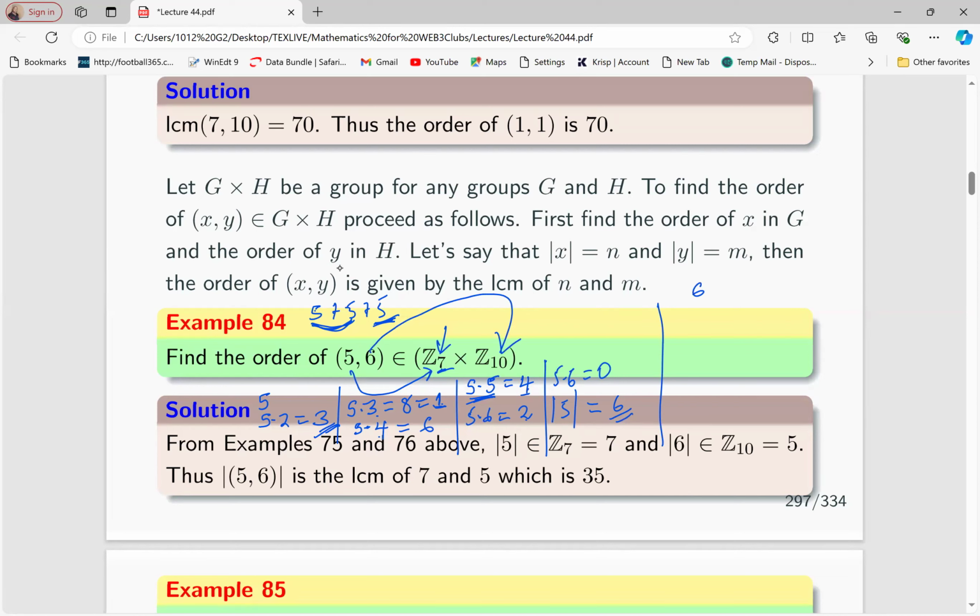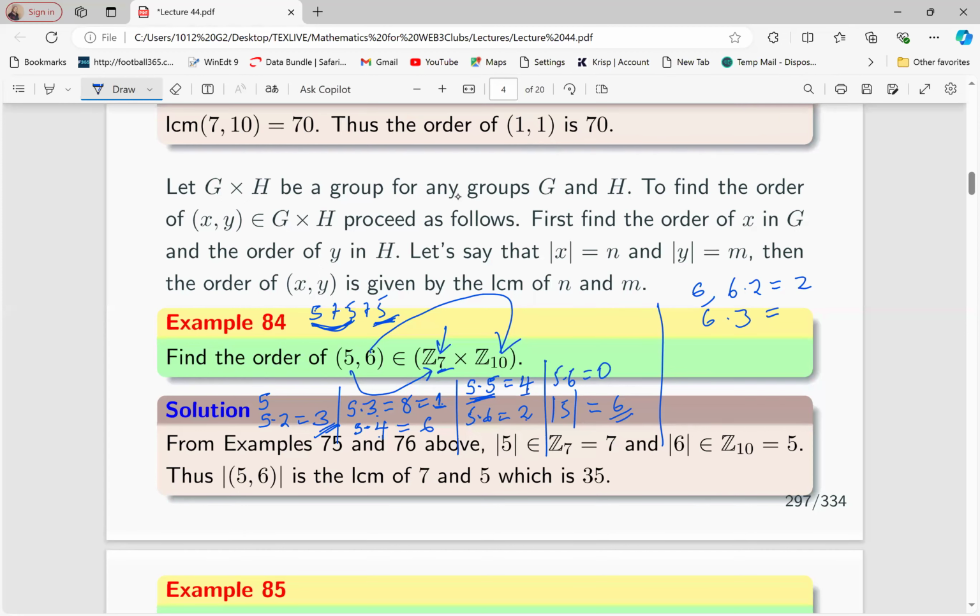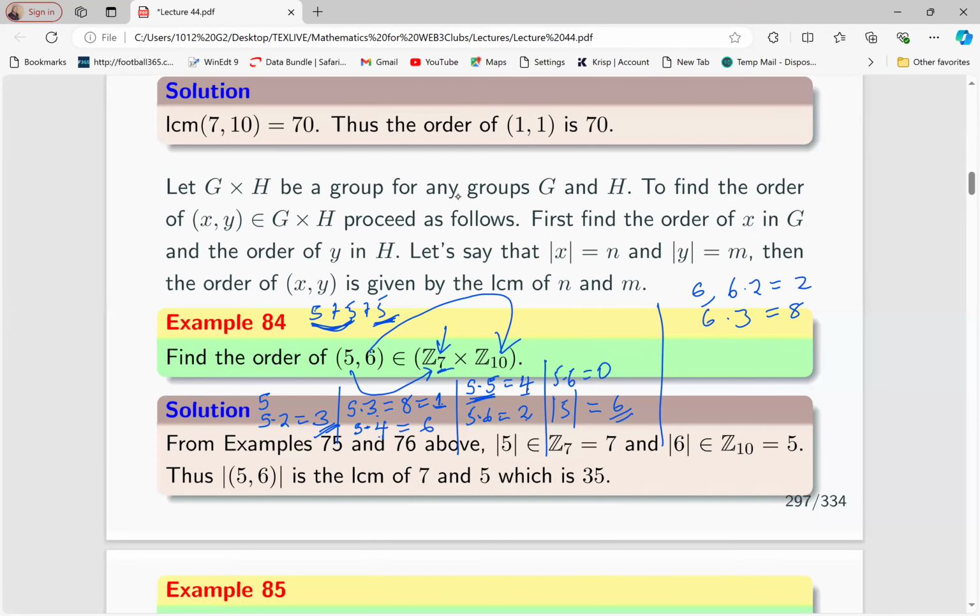Once will just be 6. Twice will be 2. 6 twice is 2. 6 thrice will be 8. 6 4 times will be 4.